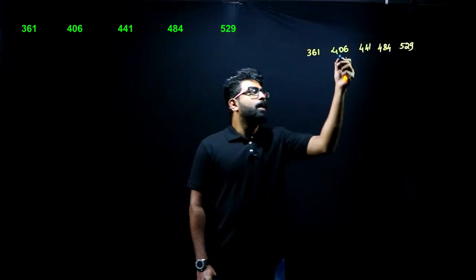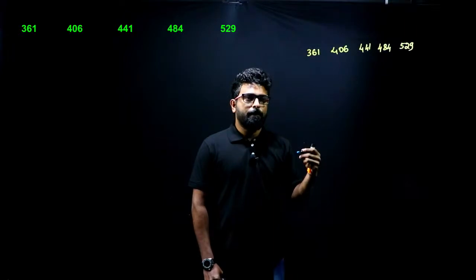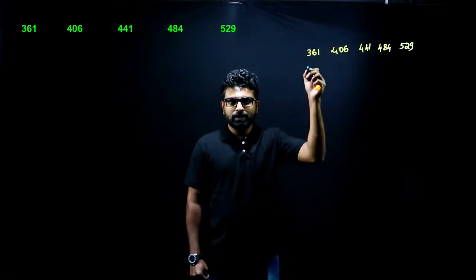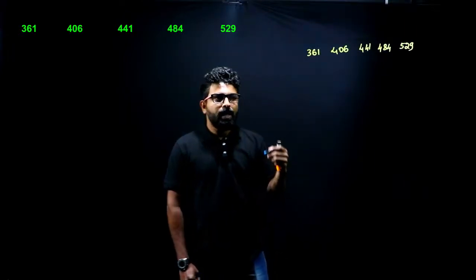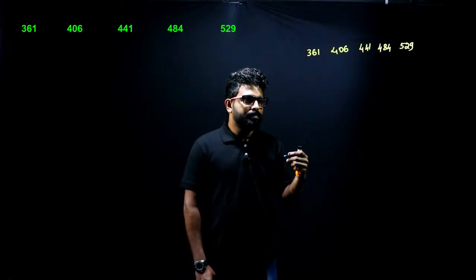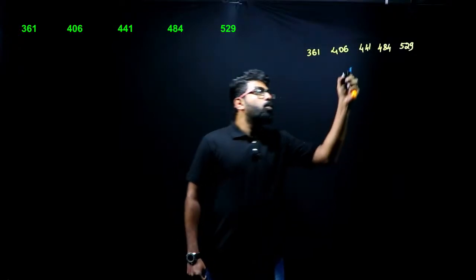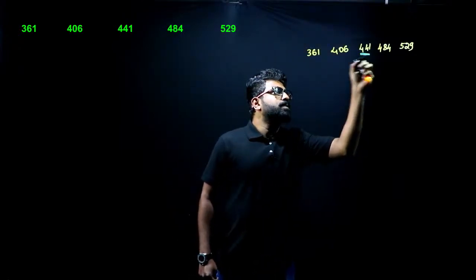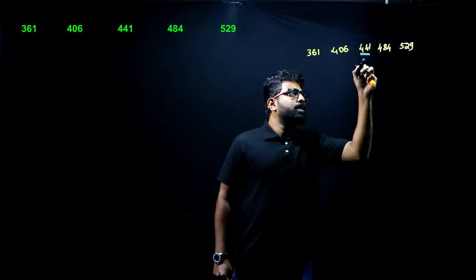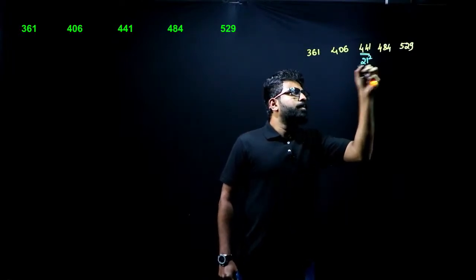When you look at these numbers, how do I start? I told you a trick for this. How do I start? I want your answers, people. See, when I look at 441 at least, I got to know that 441 must be 21 square.